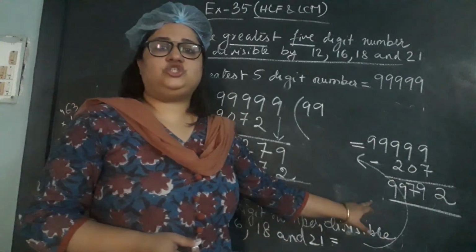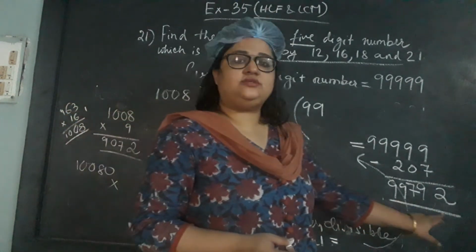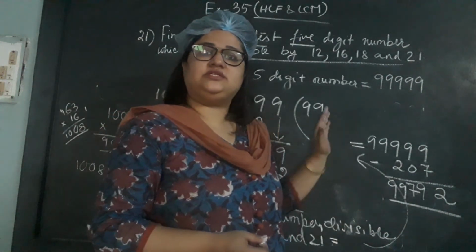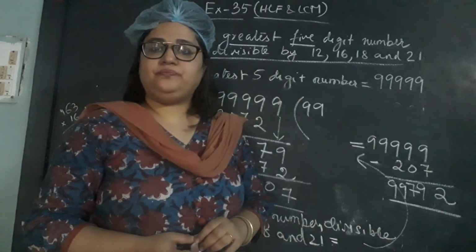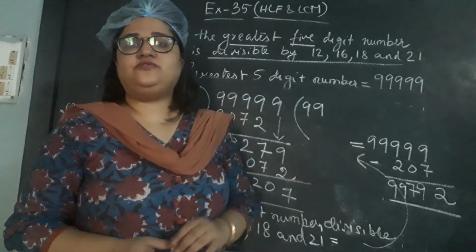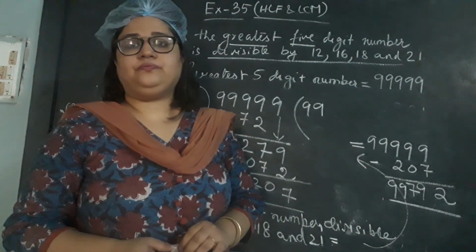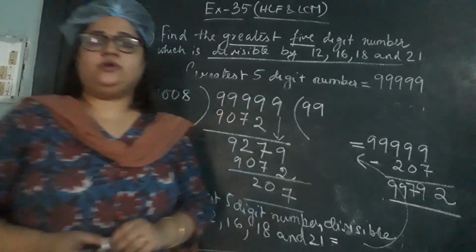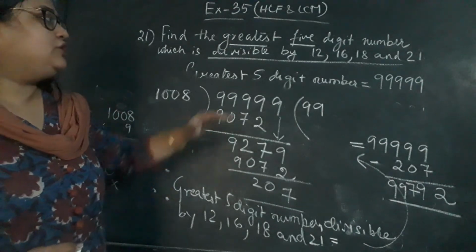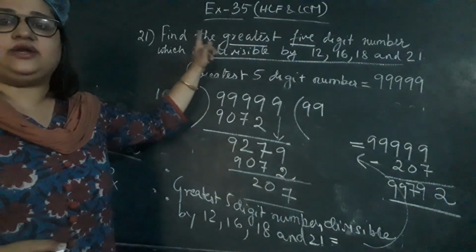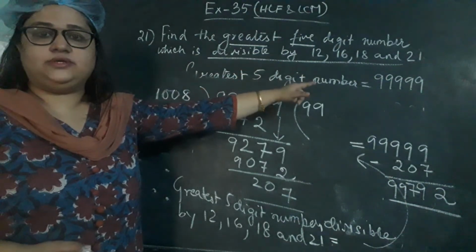So check, this is a 5-digit number and it starts with 99. It means it is on the greatest side. And third, this number is also divisible by all the set of numbers. So what we will do, it is very easy. You just take the greatest 5-digit number because you have to find the greatest 5-digit number.